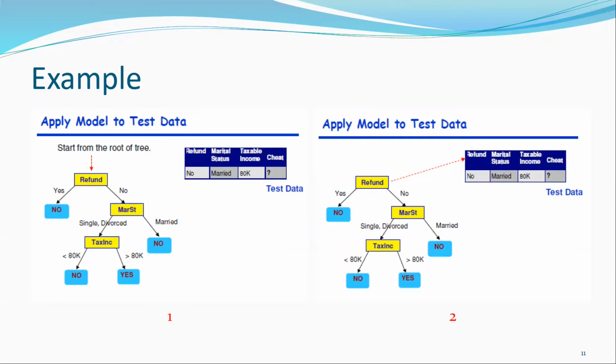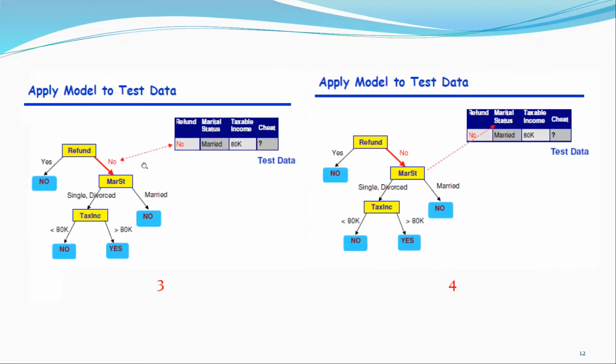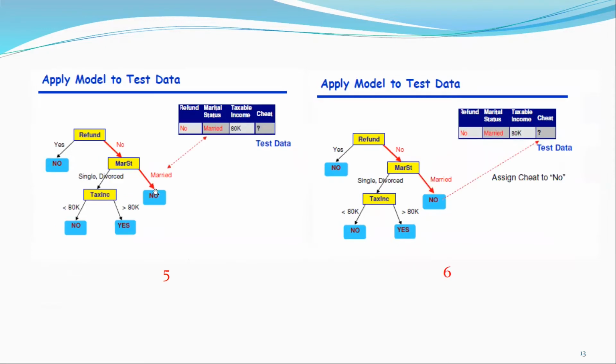It has the value refund, so we go to the refund attribute in the test data. The value of refund is no, so from the decision tree we follow the edge labeled no. We reach the internal marital status node. Now in the test data, the marital status attribute has the value married, so we follow the married edge in the decision tree and get the class as not cheating.